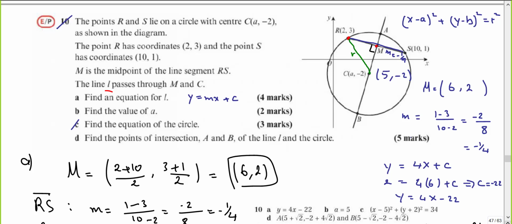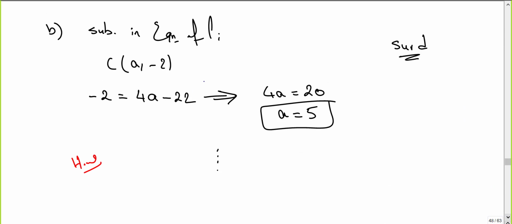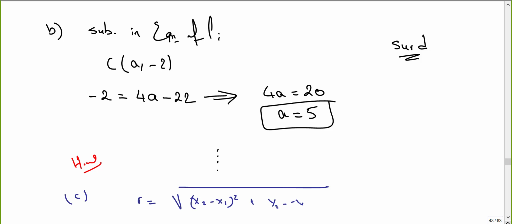Okay. So in this case, to find R, you do square root of (x2 minus x1) power 2 plus (y2 minus y1) whole power 2.